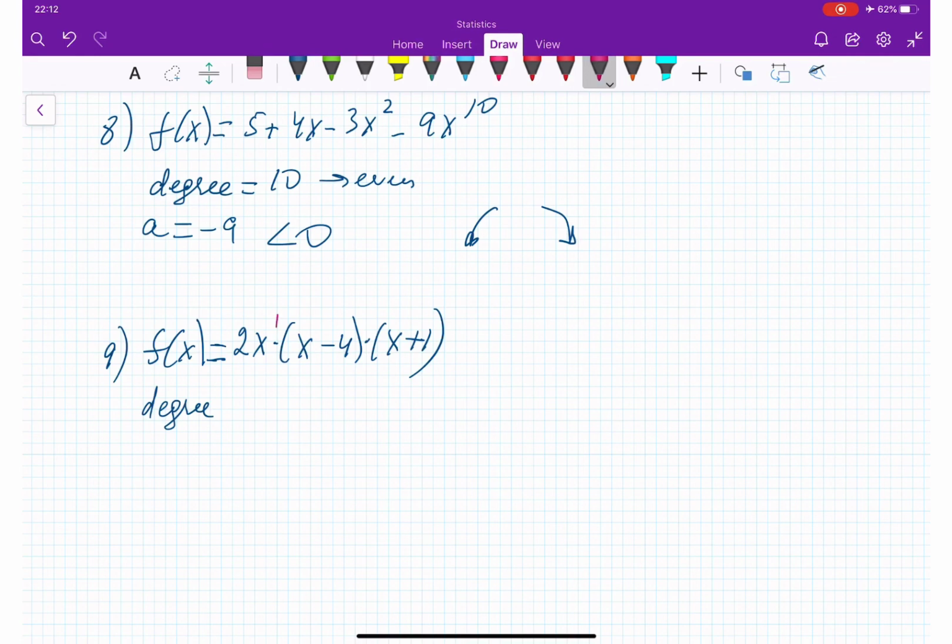Here I have degree 1. Here x also degree 1. Here also degree 1. So this 1 times 1 will be 1. Also 1 times 1 will be 1. So we multiply x times x times x. We are going to get x cubed, right?